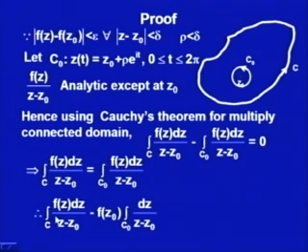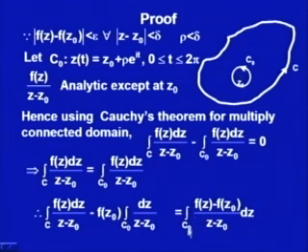From here we know that this is equal to this. So, this is the same as the integral along the contour C₀ of f(z)/(z − z₀). If I substitute over here, this would be equal to the integral along the contour C₀ of (f(z) − f(z₀))/(z − z₀).